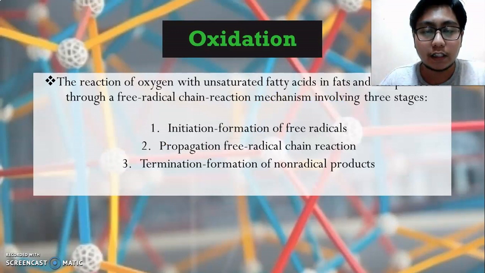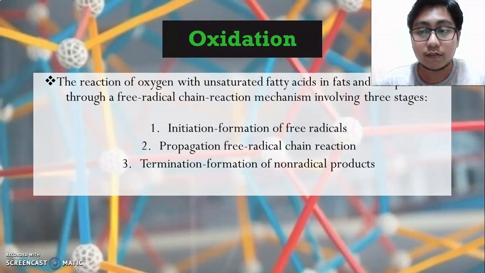Next, we're going to look at oxidation. For the oxidation part, it is the reaction of oxygen with unsaturated fatty acids in fats and oils, which proceeds through a free radical chain reaction mechanism involving 3 stages. So for oxidation spoilage, we have 3 steps: initiation, propagation, and termination.